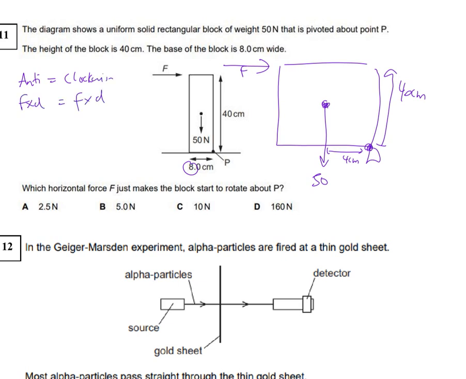So FD is this times 4 equal to F times 40. So we're looking for what? 50 times 4 divided by 40 is equal to F. So therefore we end up with 5. So the answer is D. If you got this wrong, here's the working out.